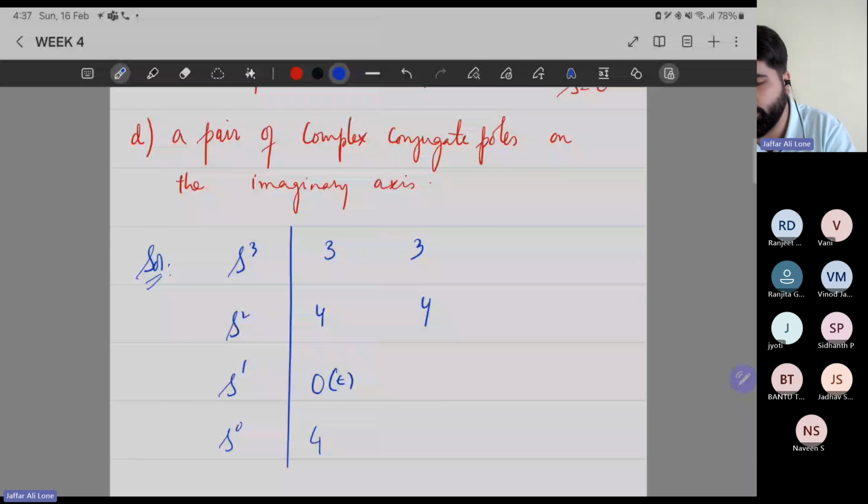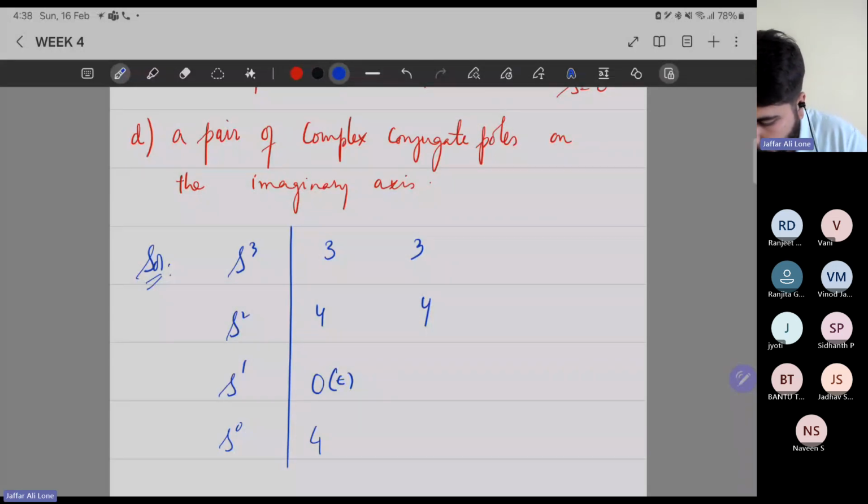There are two ways to do it. One way is this, and one way is making the auxiliary equation. So clearly we can say there is no sign change. System is not unstable, but since there exists a row of zeros, that indicates there are poles on the imaginary axis.